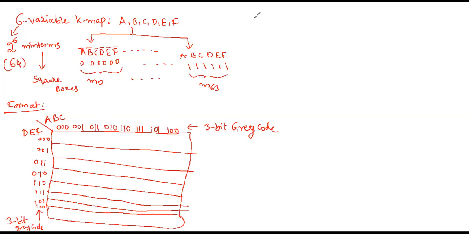This is the drawback of the K-map: if the number of variables increases, solving the expression is difficult.